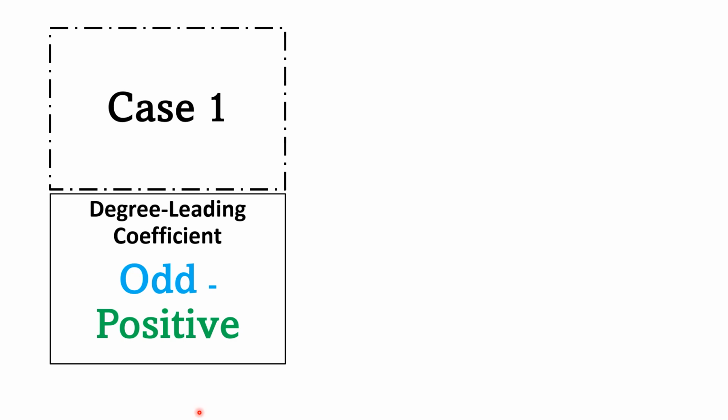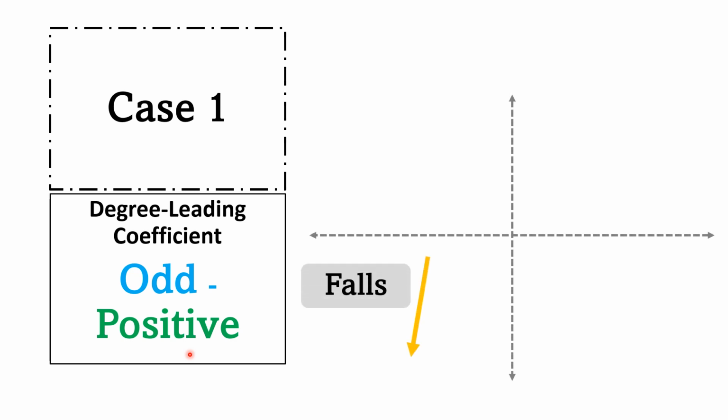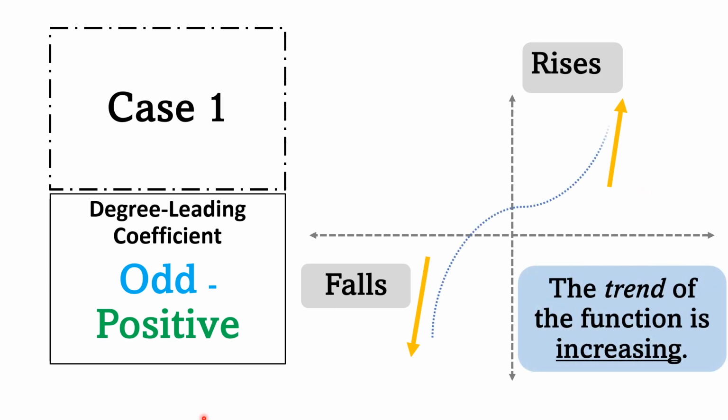If the degree is odd and the leading coefficient is positive, the end behavior of the graph falls to the left and rises to the right. We can also say that the trend of the function is increasing.